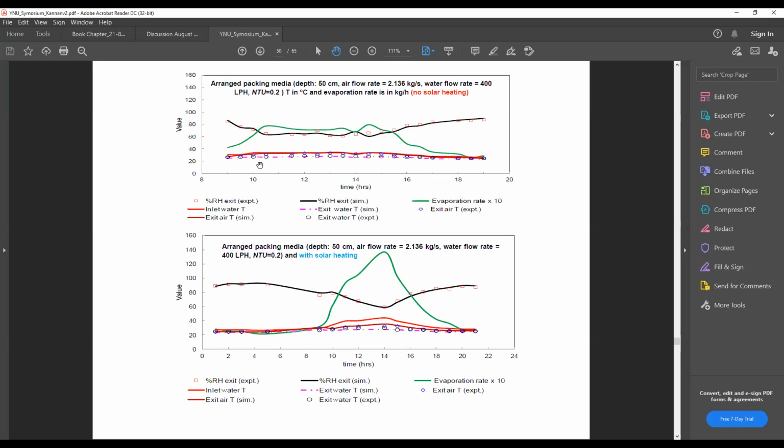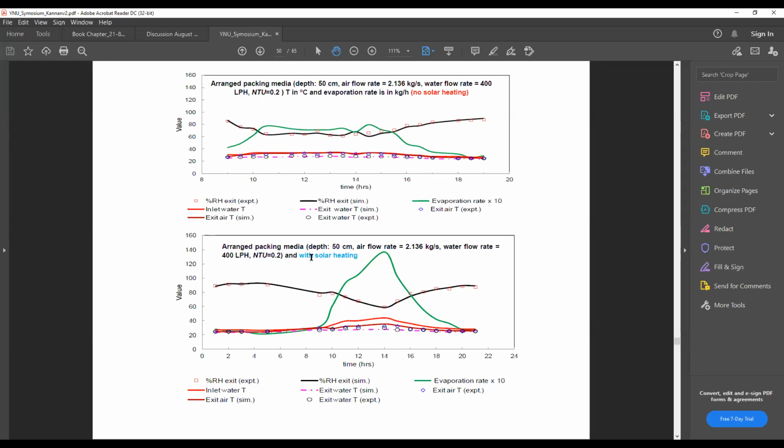And you can also see that the evaporation rate is predicted by the green line. This is without solar heating. And when we had no solar heating, we had a value of about 80 kilograms per hour maximum evaporation rate.